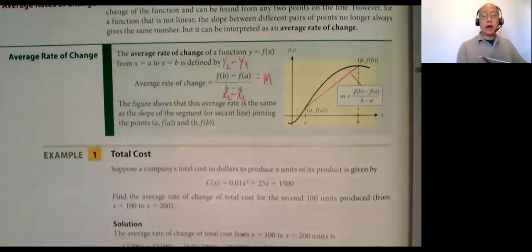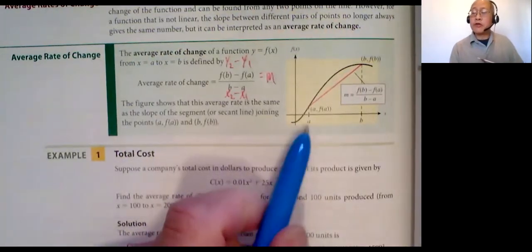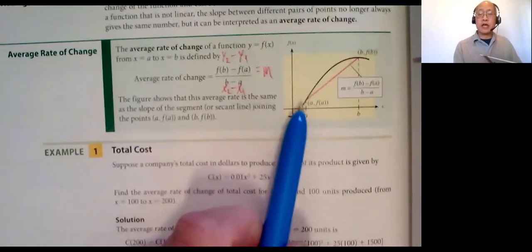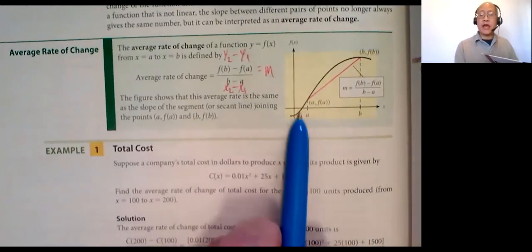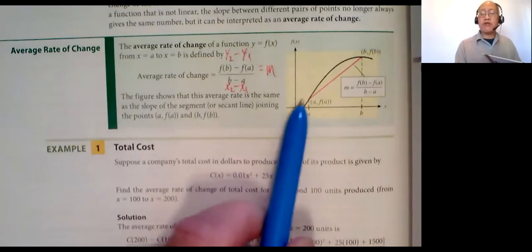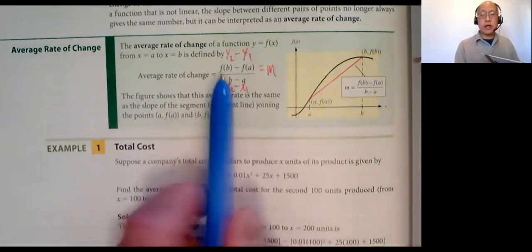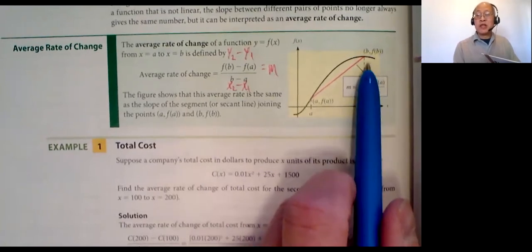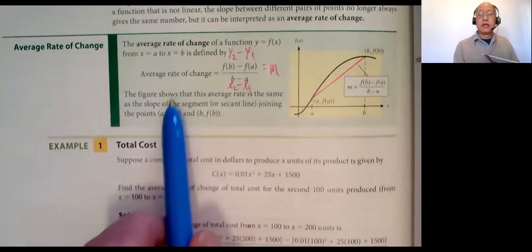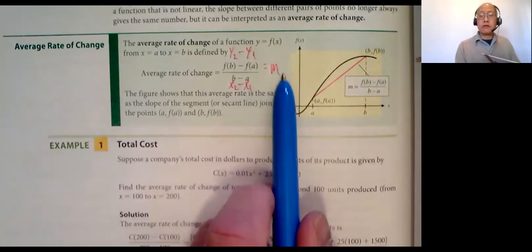Okay, so a picture, which you're not going to have to do for any of these, would be like this. There's some graph telling you x goes from a to b. So you have the x values. You just need to find the y values. How do you find the y values? You plug into the function: a comma f of a, b comma f of b. The average rate of change is a slope.